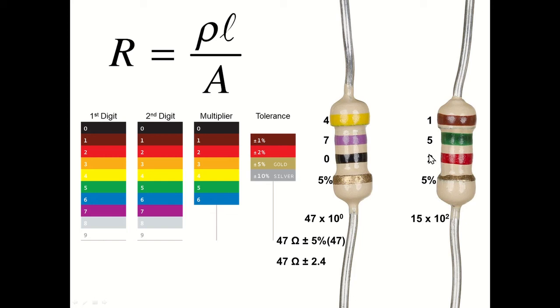The third stripe is the number 2, so we have 10 raised to the power of 2, which is 100. 15 times 100 is 1500. The gold stripe here is 5%, so that's 5% of 1500, and that's 75. So the manufacturer here says that we should get 1500 ohms of resistance within a range of plus or minus 75 ohms.